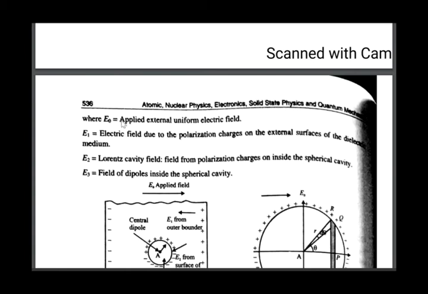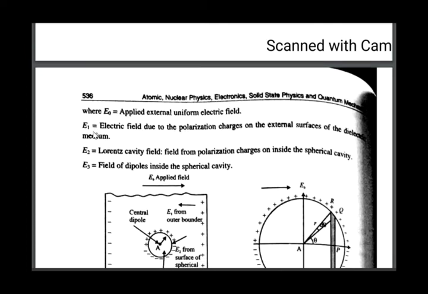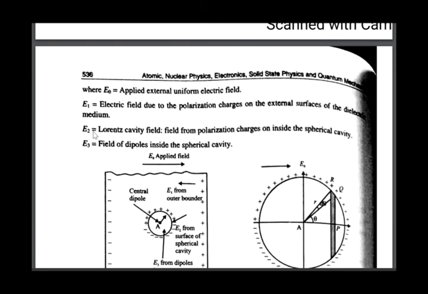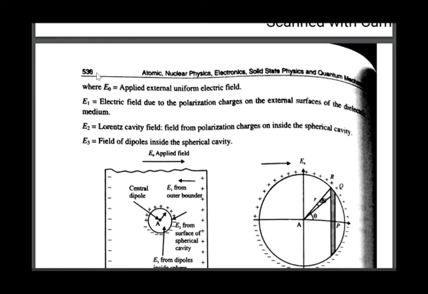Let us see what these electric fields are. E0 is the applied external uniform electric field, E1 is the electric field due to polarization charges on the external surface of the dielectric medium. So this is due to surface charges.